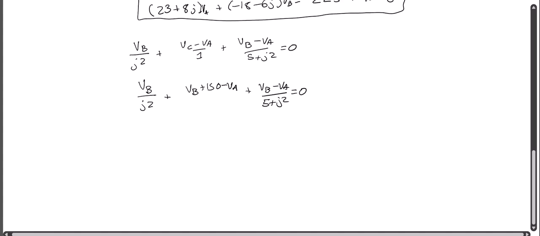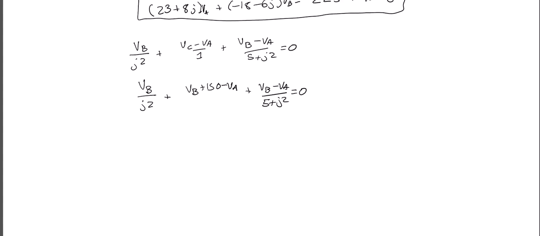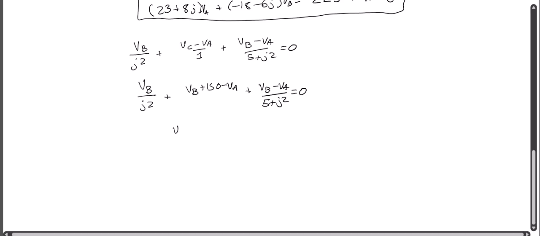And then the way I chose to solve this, because sometimes there can be an easy way to solve things, but you're in a hurry and you just have to solve it the way that you see to solve it. So this is VB over j2 plus (VB minus VA) over (5 plus j2) equals minus VB minus 150 plus VA.